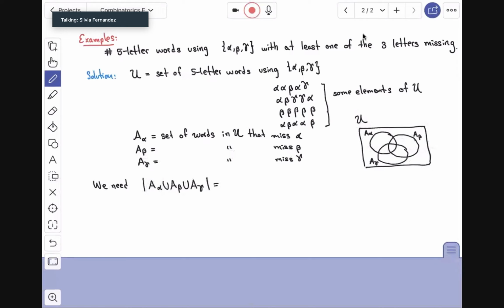So this will be according to our formula. We just count how many in A alpha, how many in A beta, how many in A gamma, right? And then we subtract the double intersections.